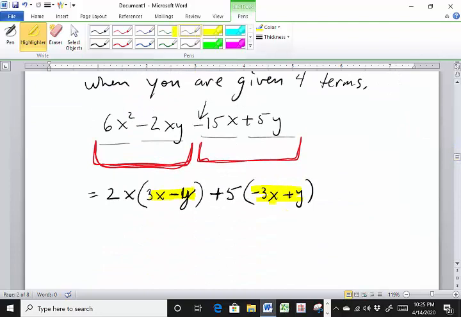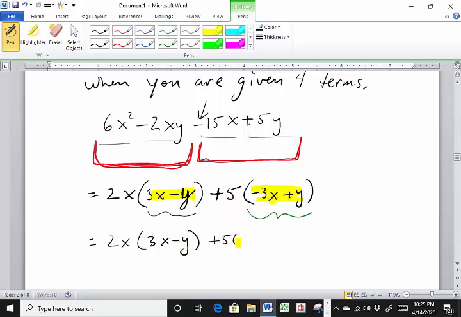So if I factored out a negative 1 here, this is 2x, and I could have factored out a negative 1 here if I wanted to, but it doesn't matter. If I factor out a negative 1, this plus 5, and here's my negative 1 that I factored out. Let's ignore the plus 5 right now.